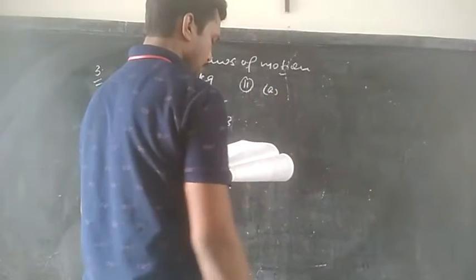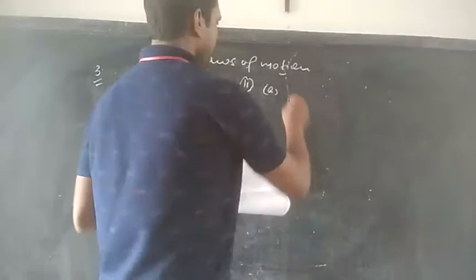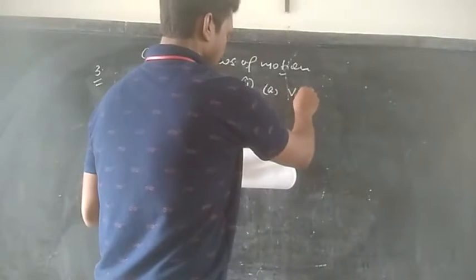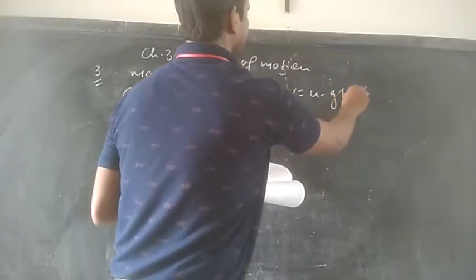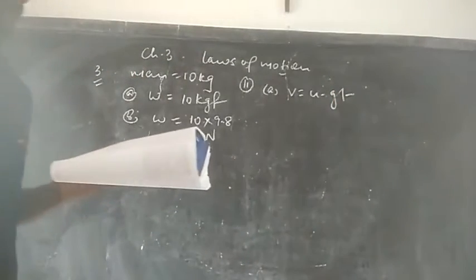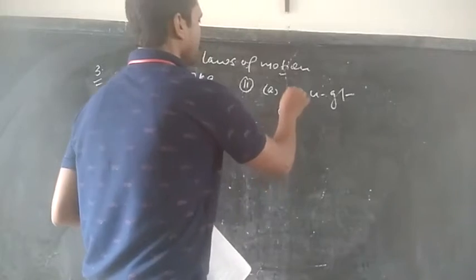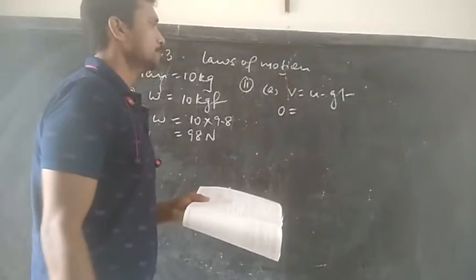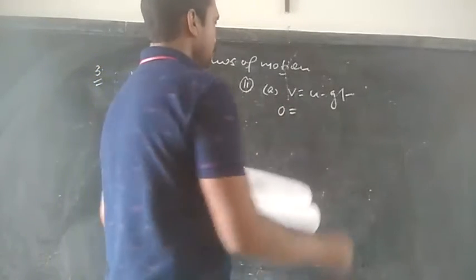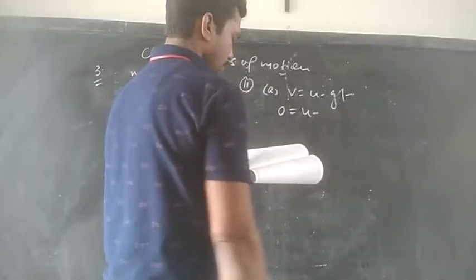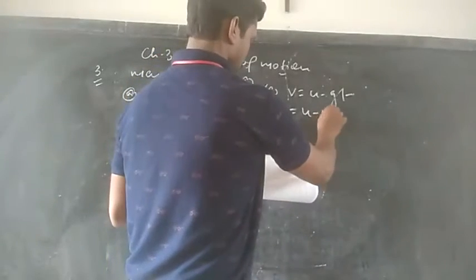So we can use this formula: v is equal to u minus gt. When the body reaches the maximum height, the final velocity will become 0. The initial velocity you have to find. The value of g is 10.